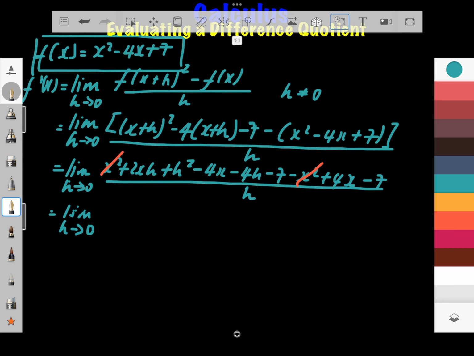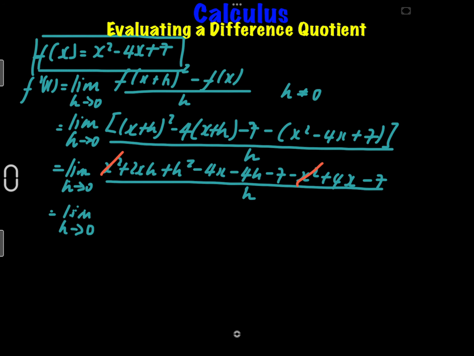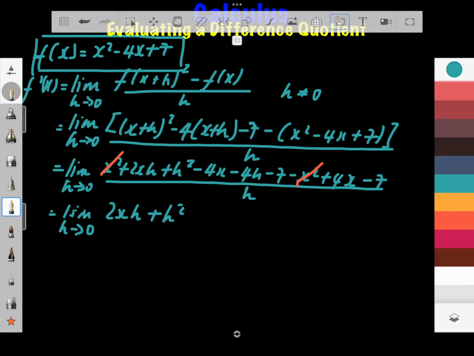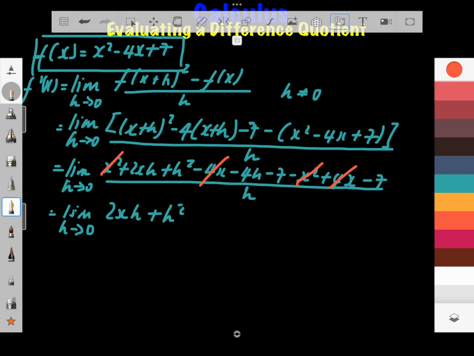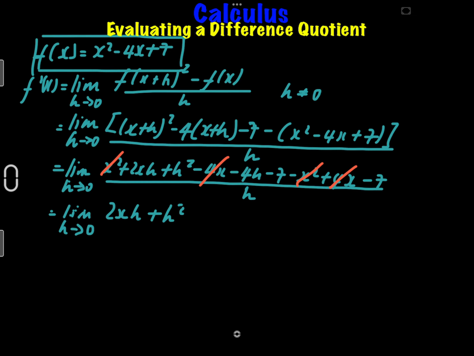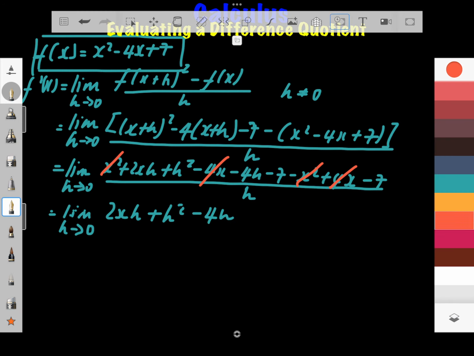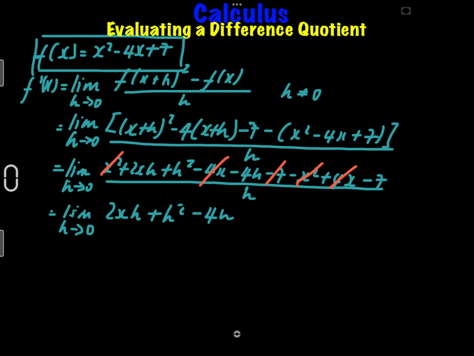So what we remain with is 2xh plus h squared. Now again, another term that cancels out is negative 4x and positive 4x. So negative 4x plus 4x gives us 0, so that cancels out as well. And what we remain with is negative 4h. And lastly, our constant also cancels out. So we have negative 7.